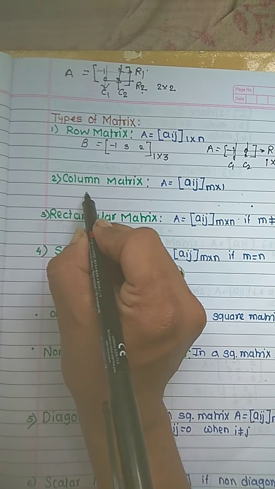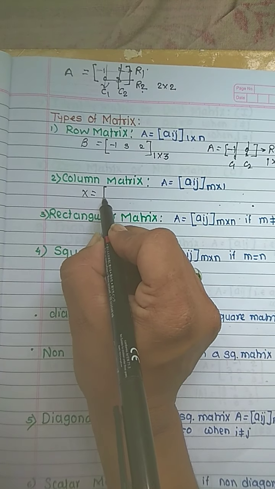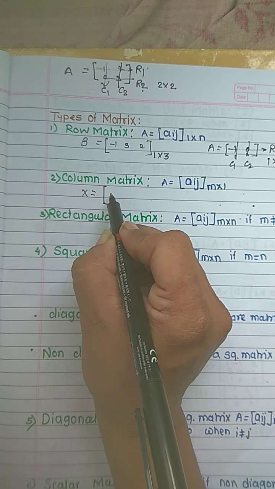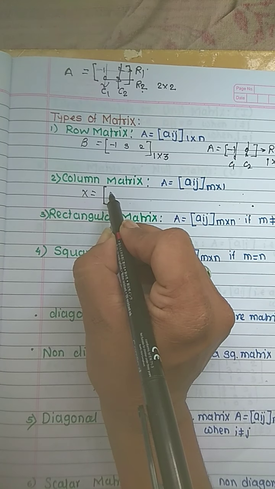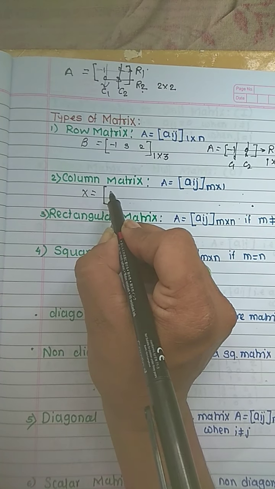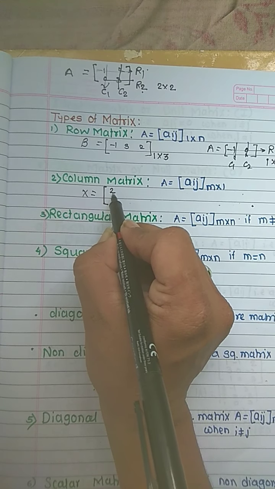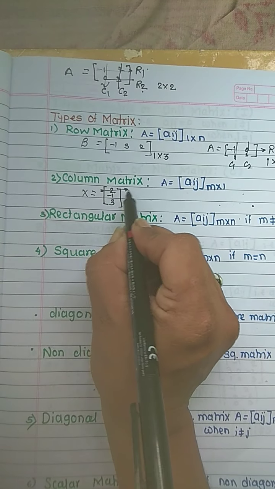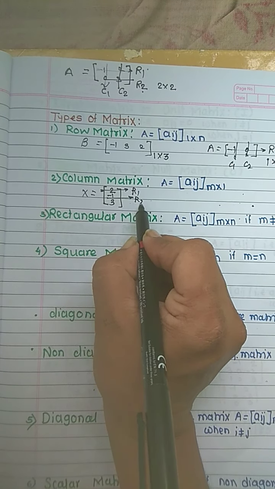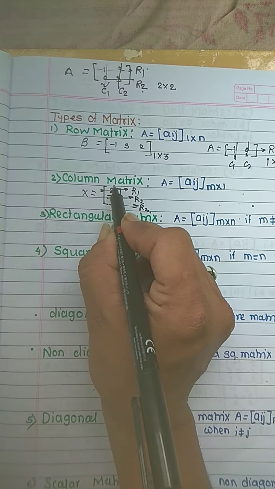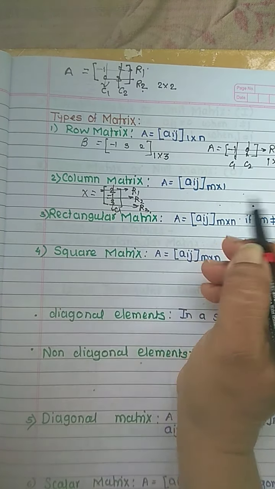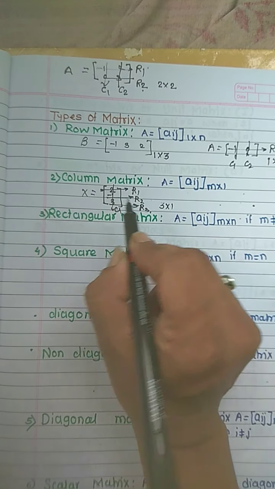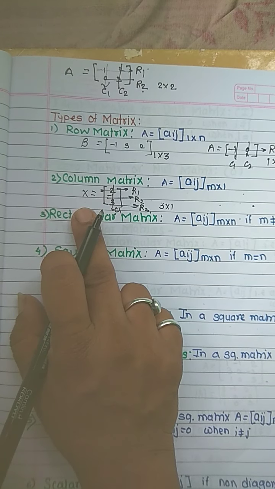For example, matrix X contains only one column and a number of rows, 2, -1, 3. The number of horizontal lines is 3, R1, R2, R3, and the column is only 1. It is denoted by C1. Therefore, matrix X is of order 3 by 1. Therefore, matrix X is called a column matrix.